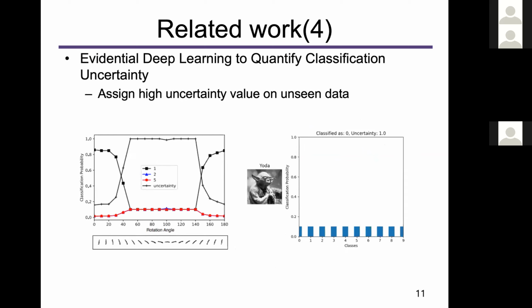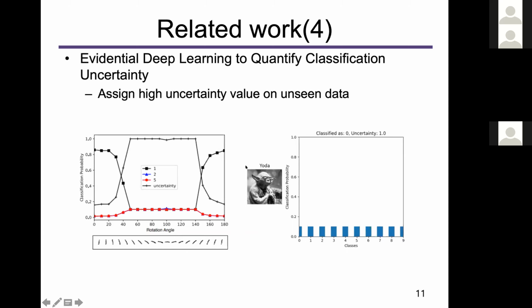After that, they can separate the uncertainty and the probability for each class, and they sum to 1. After training this model, it will claim high uncertainty on unseen data instead of making some random overconfident classification, like saying this horizontal line is number 2.